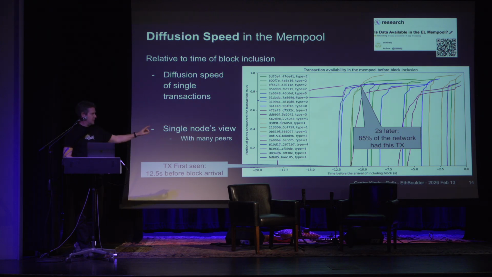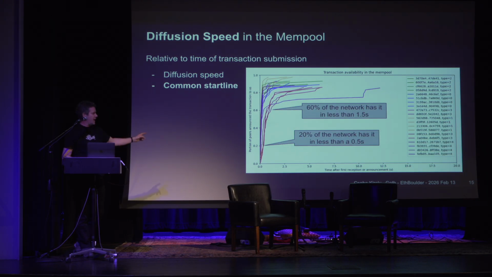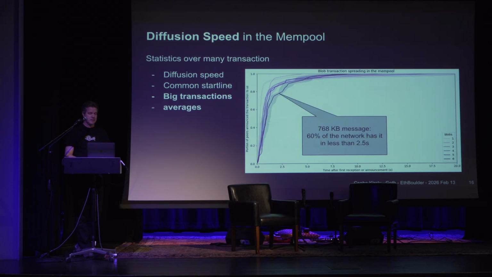So the one most to the left was submitted 17 seconds before, and it was an unlucky one who needed 17 seconds to get into a block. Anyway, the message is that diffusion is fast in the mempool. The mempool is working. And again, you can look at it this way.